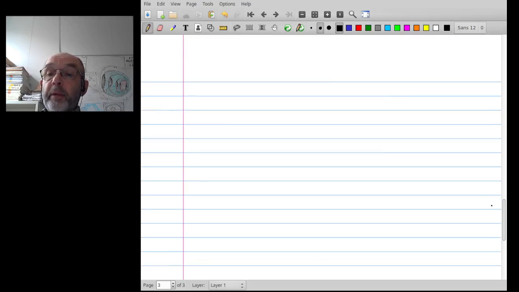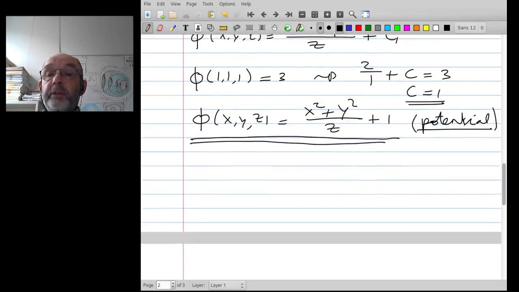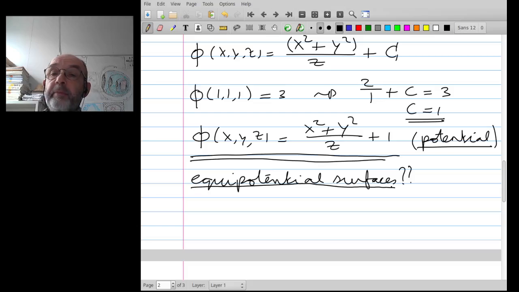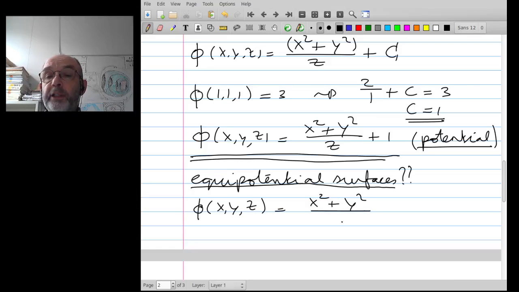Now, the next question will be the equipotential surfaces. And now we forget that the potential is given in some point, so we go to the general solution of our potential, that is this one here, x squared plus y squared divided by z plus a constant.